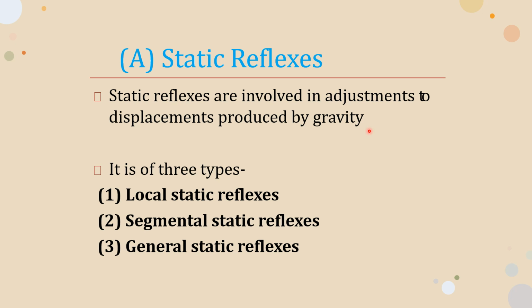These are of three types: local static, or segmental static, in which we have four reflexes, that is stretch reflex, crossed extensor, positive supporting and negative supporting reaction, and then general static reflexes, in which we have tonic and righting reflexes.